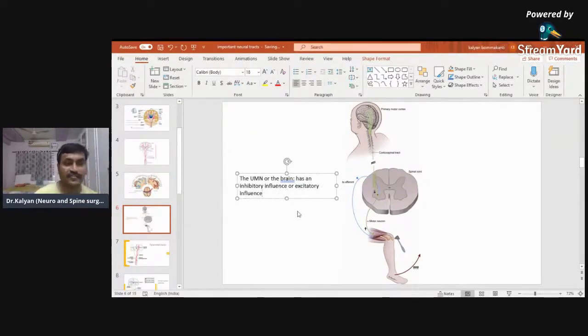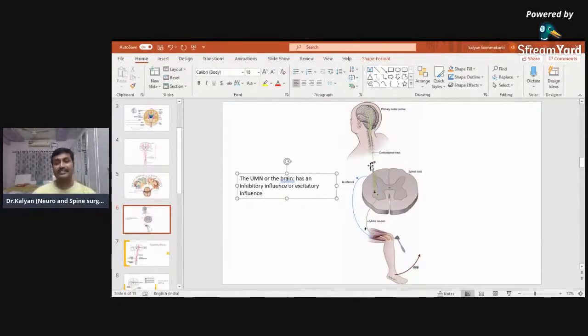Kindly tell me whether the brain has an inhibitory influence or an excitatory influence on the lower motor neuron. Yes, this is very important. So the brain has an inhibitory response.